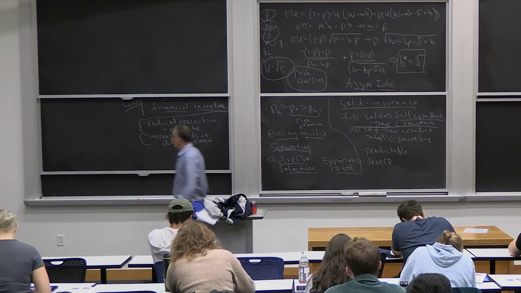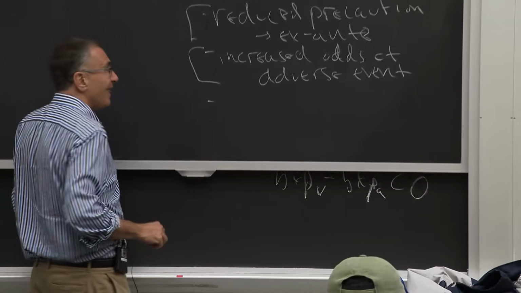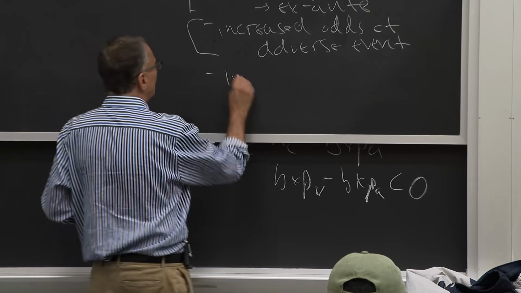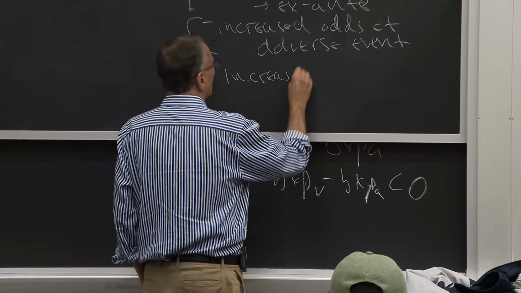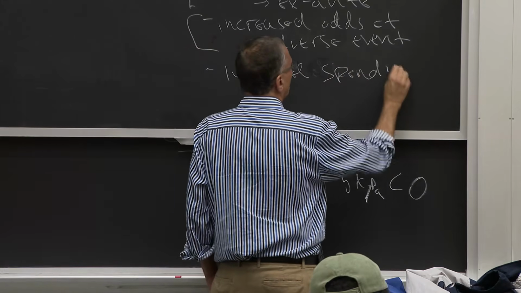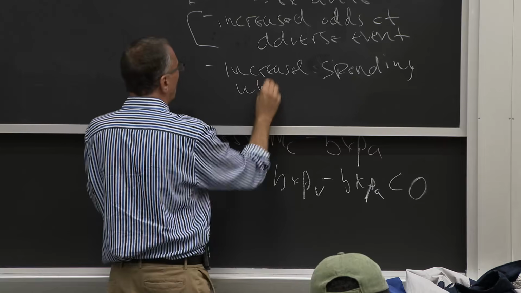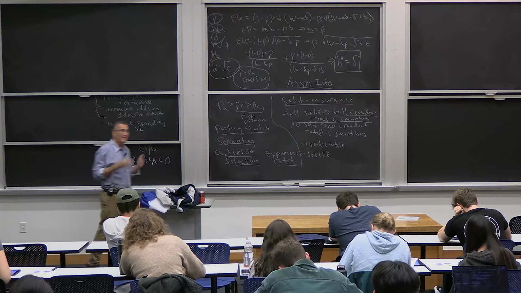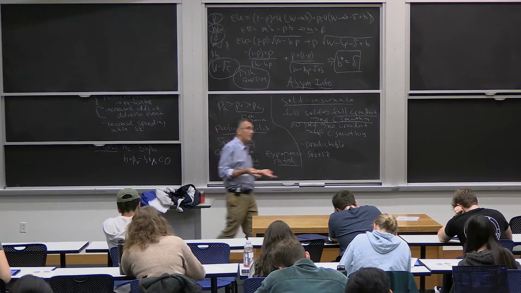The third example that may actually be the most costly is increased spending while under social insurance. This is the idea that, okay, I lost my job.